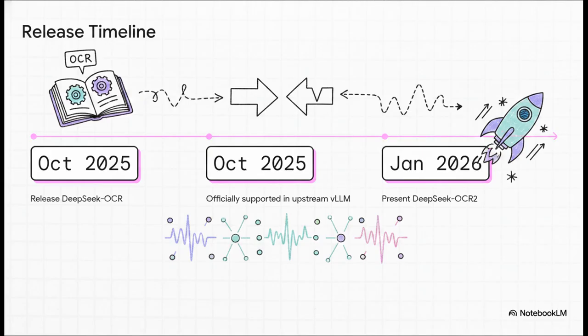The community moved incredibly fast to get this model integrated into one of the most popular inference engines on the planet. And that rapid feedback loop culminated just months later, in January of 2026, with the launch of DeepSeek-OCR 2. They are iterating, improving, and releasing at a breakneck pace, and it's largely thanks to the enthusiastic, hands-on collaboration of the open source community.